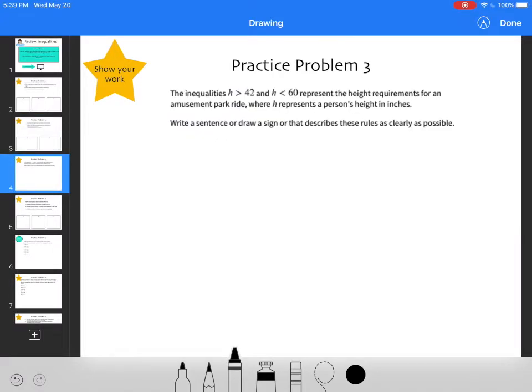The inequalities H is greater than 42 and H is less than 60 represent the height requirements for an amusement park ride where H is the person's height. Write a sentence or draw a sign that describes the rules as clearly as possible.